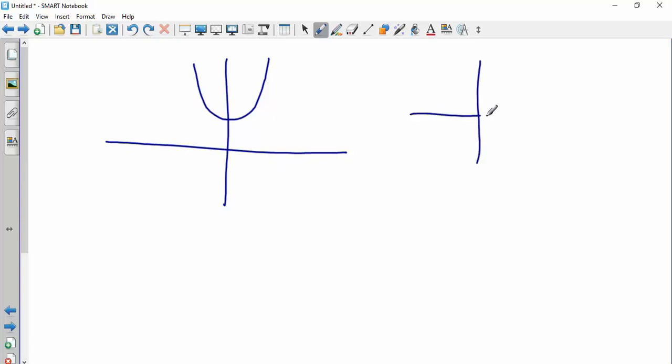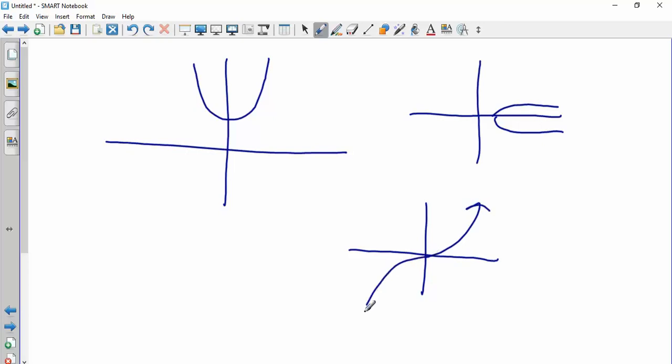Symmetric to the x-axis wouldn't be a function, so it would be something like this. If you fold it on the x, it overlaps itself. Symmetric to the origin is basically when you have to flip over both the x and the y before it overlaps. So like this type of function.